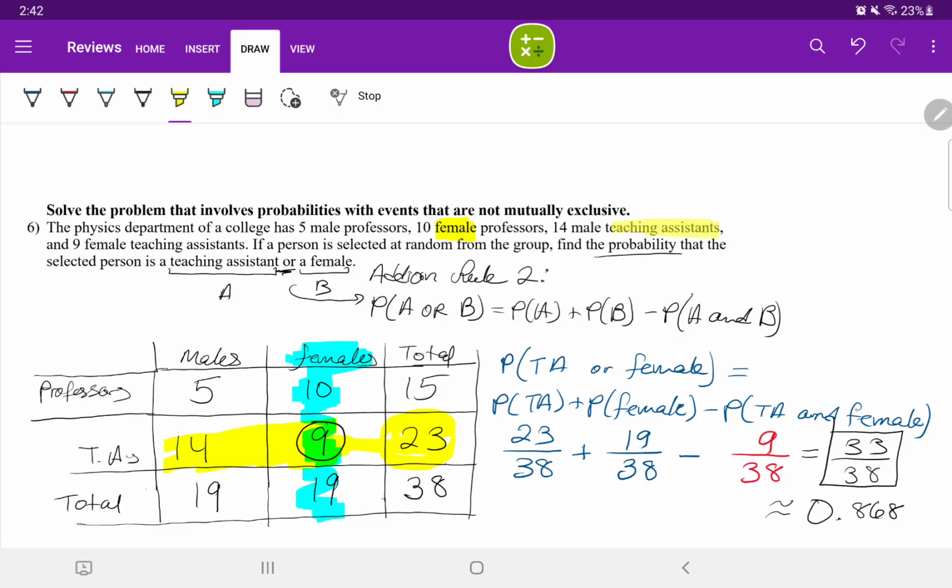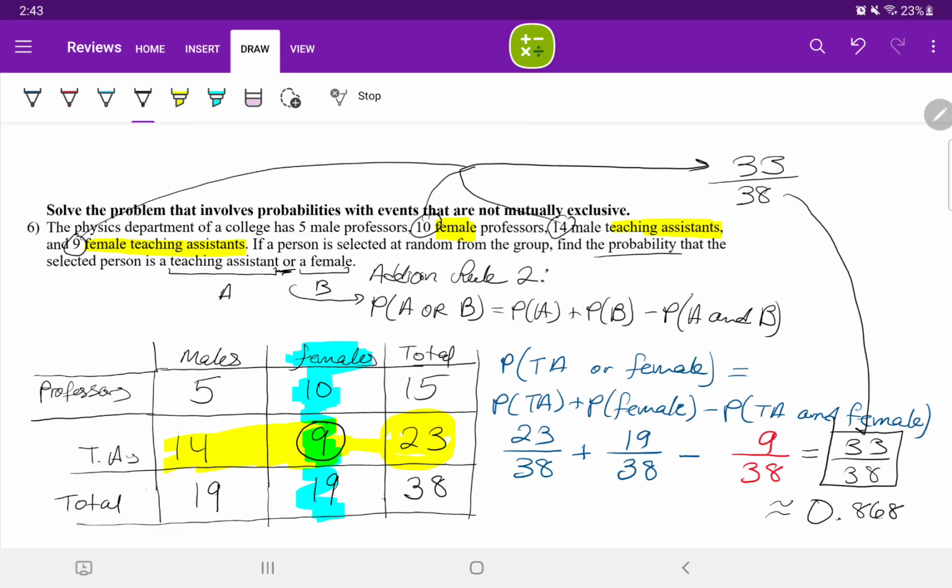Right here contains teaching assistant. This is both. So you can add 10 plus 14 is 24. 24 plus 9 is 33. So right there, when I add those 3 together, that is 33 people out of a grand total of 38. 33 out of 38 is the answer to this question.